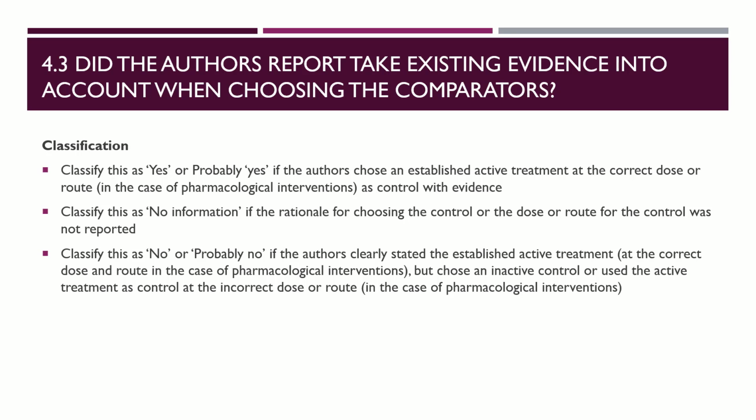We chose aspirin dose, which is equivalent to 10 milligram in the humans, or we chose to give it intravenously. So all of these are problematic. So classify this as no or probably no if the authors clearly stated the established active treatment but chose an inactive control, or use the active treatment as control at the incorrect dose or route.